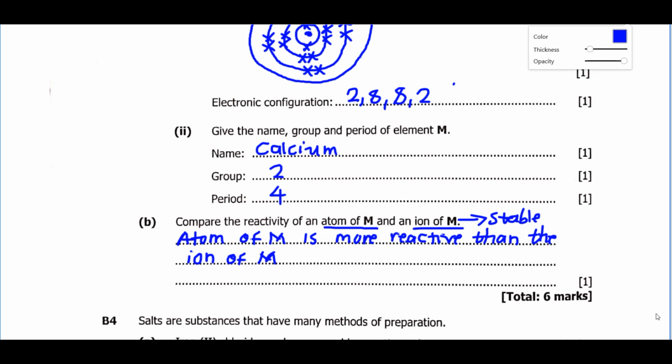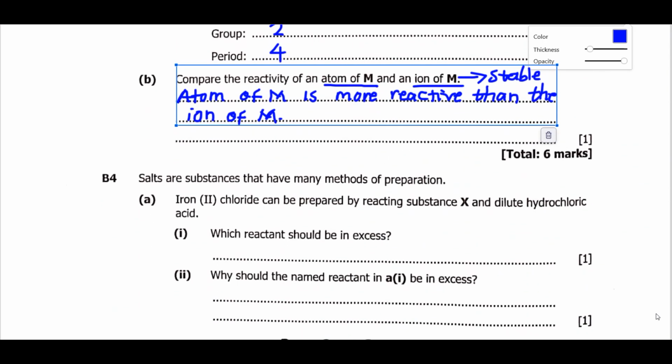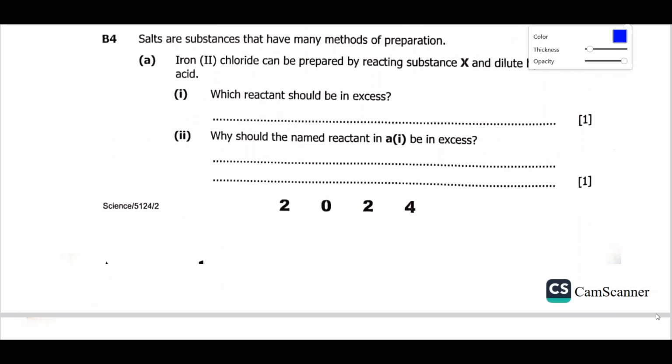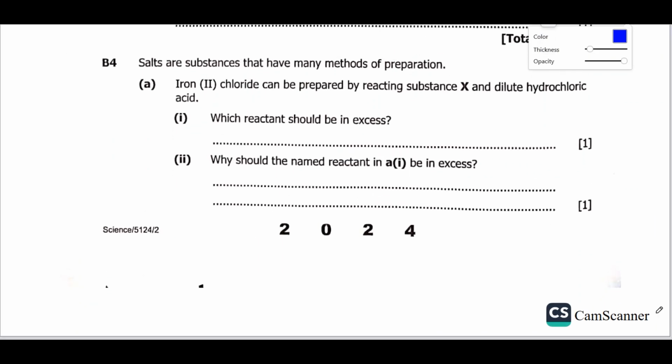So let's go to question number 4. Salts are substances that have many methods of preparation. Iron 2 chloride can be prepared by reacting substance X and dilute hydrochloric acid.